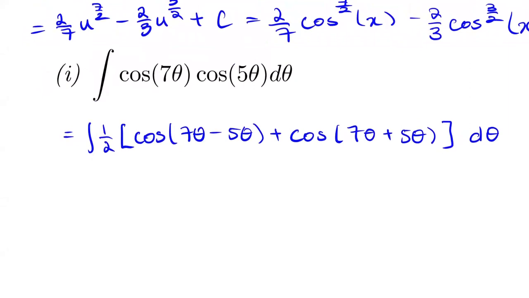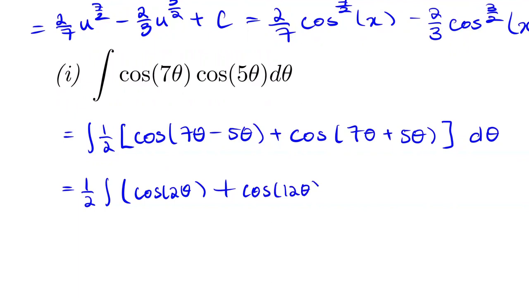So now we would just have half the integral of cos of 2 theta plus cos of 12 theta d theta.